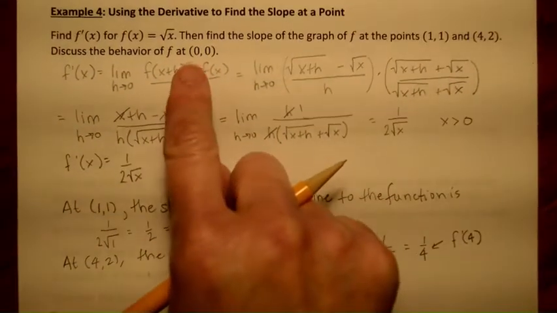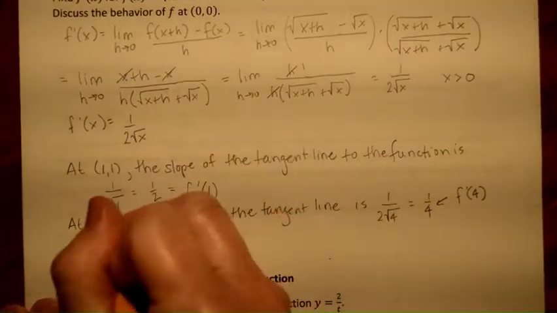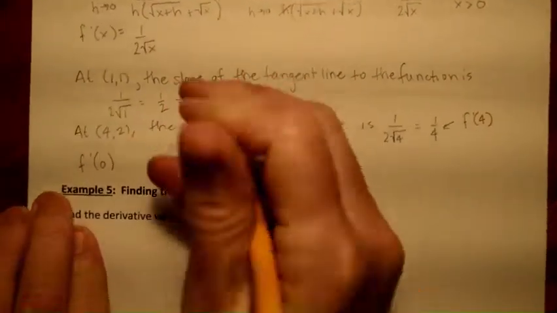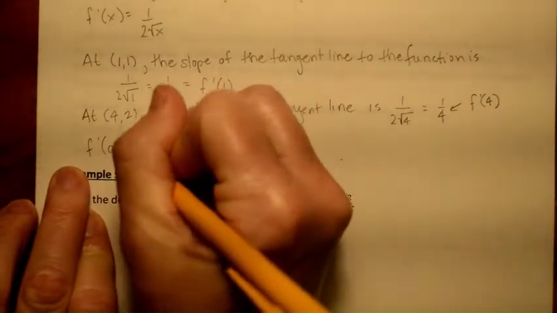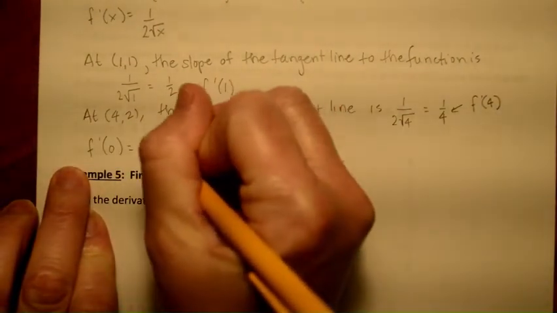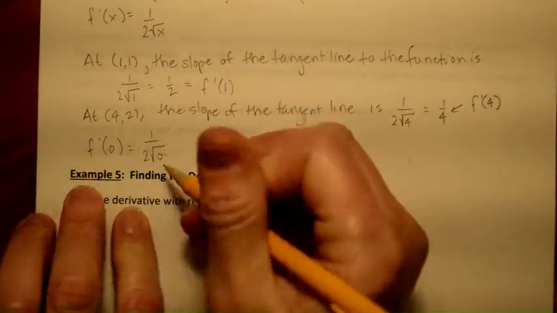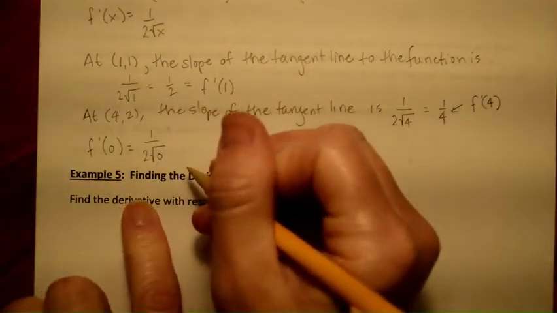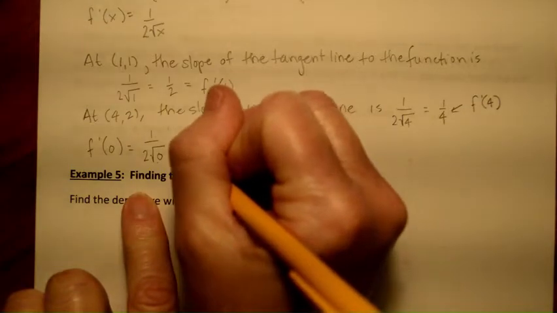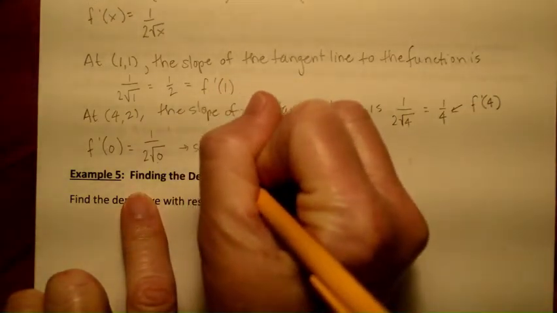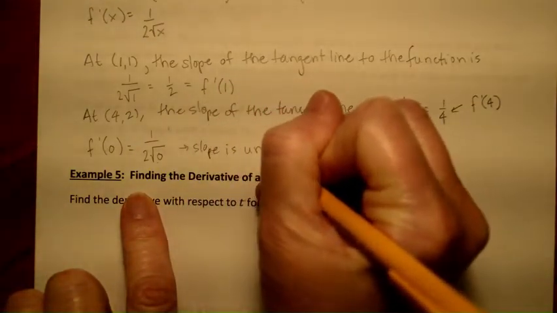And again, this is with regards to the slope, so we're going to take this f prime of 0, and we're going to plug 0 in here. So we end up with 1 over 2 times the square root of 0, and we get 1 over 0, which is undefined. So the slope is undefined.